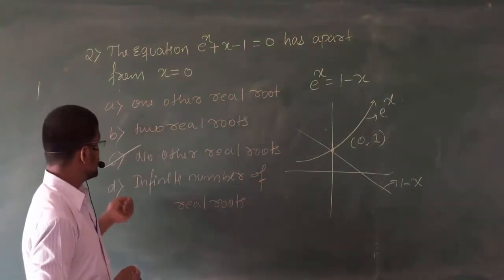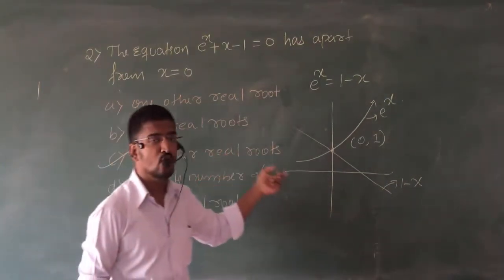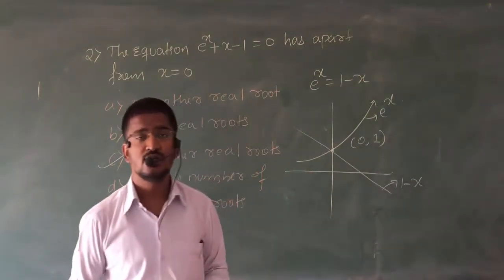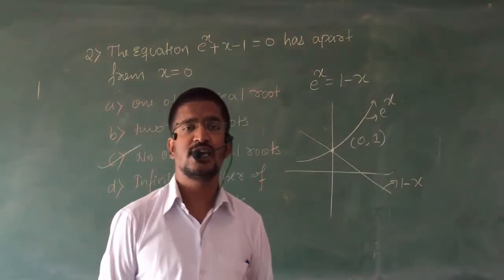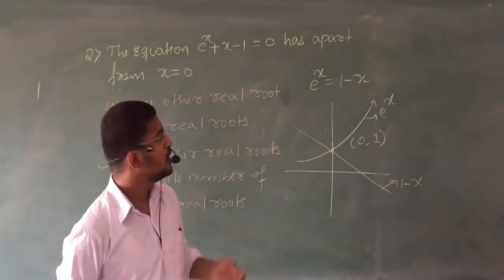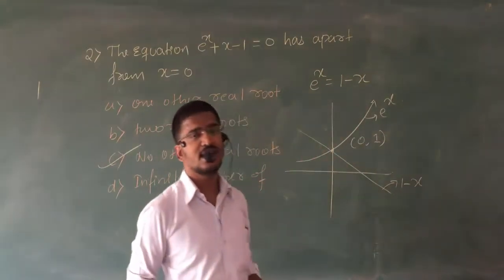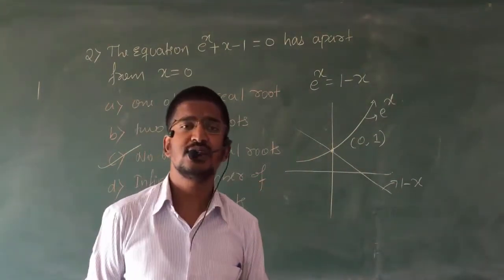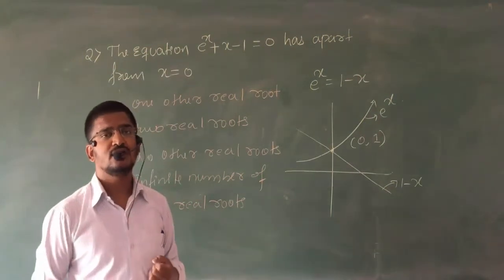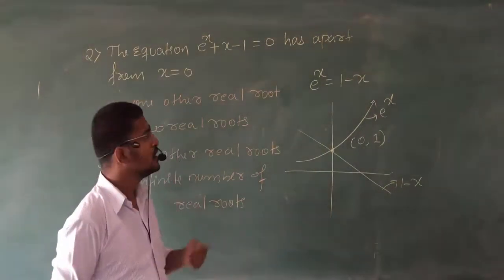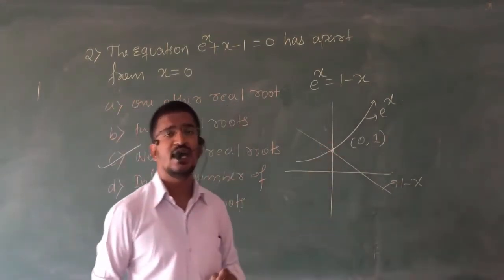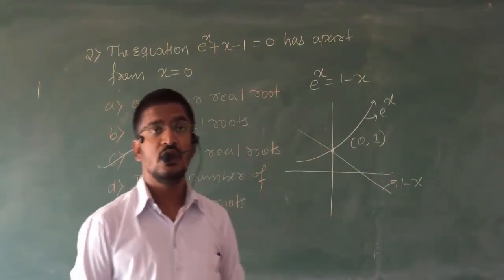Clear? So for that reason no other real roots will be your answer. This is very fine for solving by graphical representation. There you must know what the e power x graph is and what the graph of 1 minus x is, so that it will be intersecting at only one point, that is 0, 1, x equal to 0, y equal to 1. Hence it has only one solution.